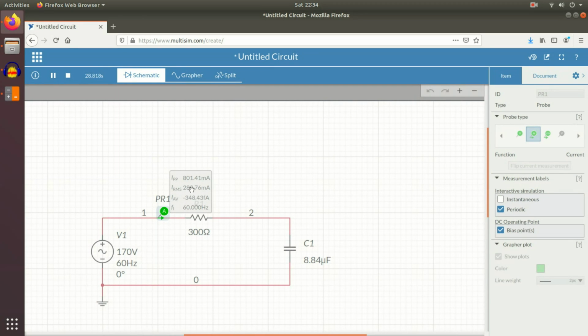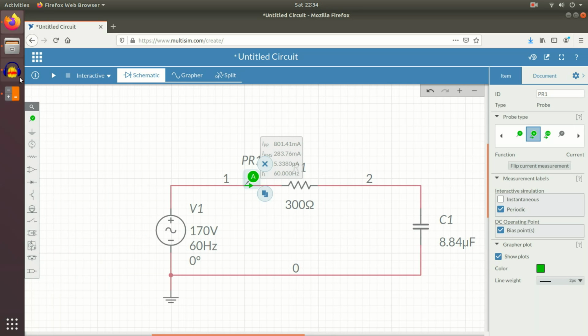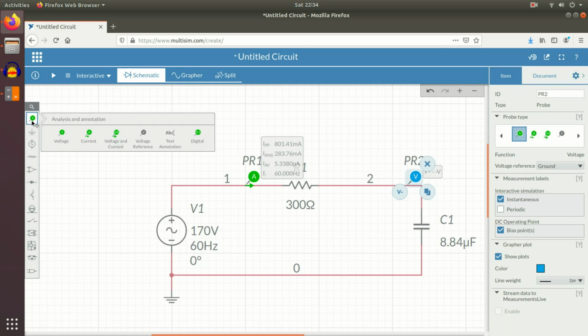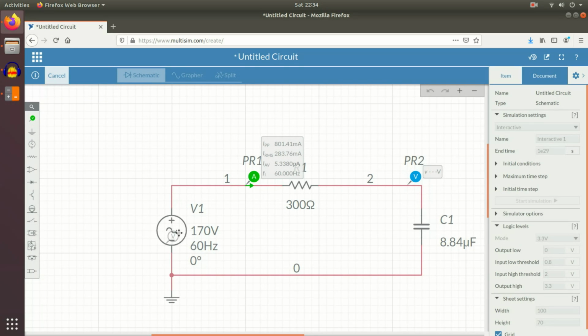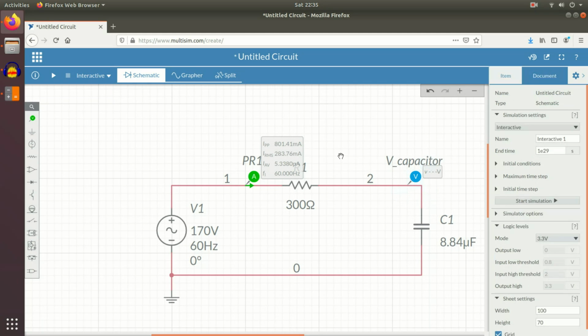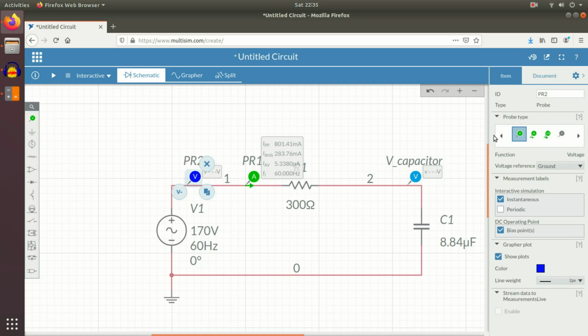Next, we're going to add some voltmeters. We add a voltmeter to node 2, and then we give it a name, and we'll call this the voltage on the capacitor, so V_capacitor. We'll add another voltmeter. We'll add it to node 1, and we'll call this voltage resistor. Actually, be careful though.